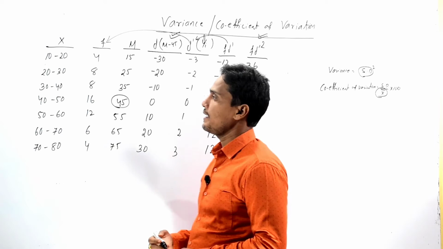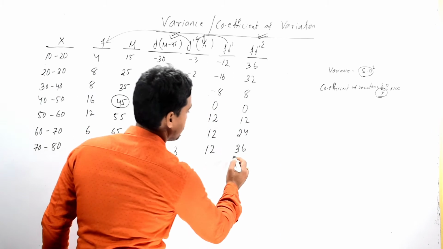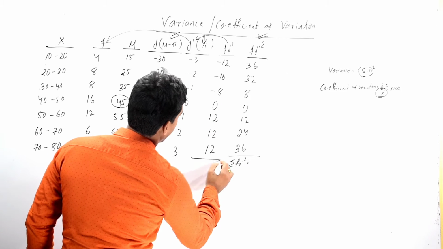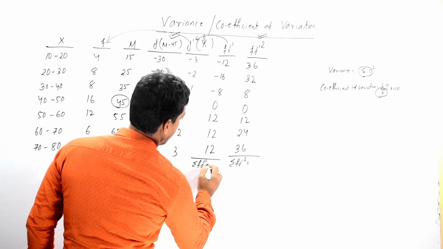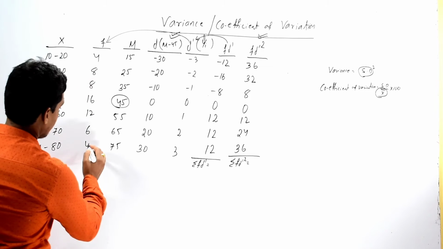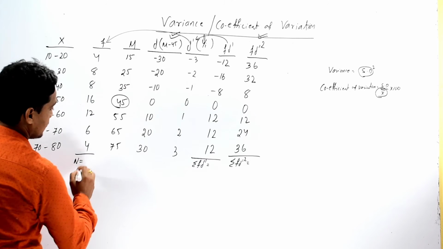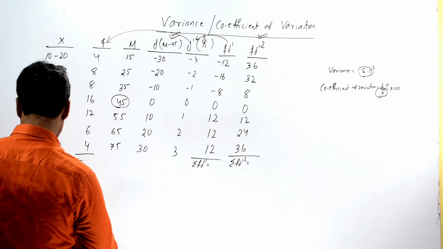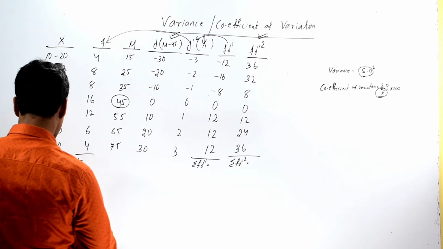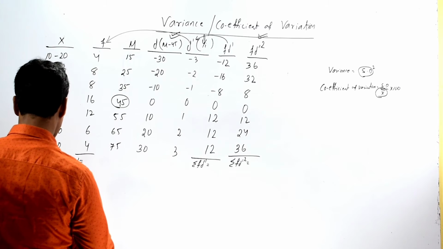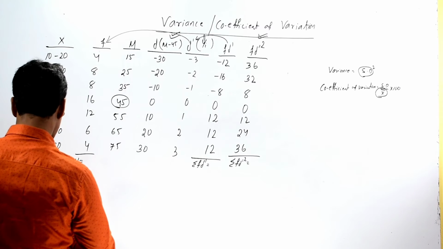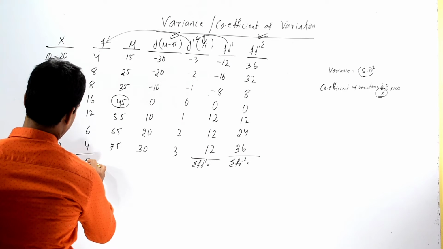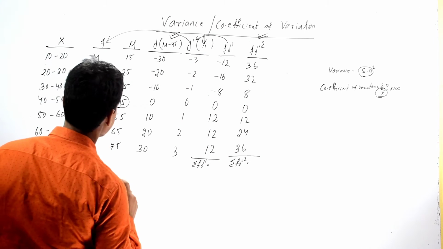Now find out the summation of f d dash square, summation of f d dash and summation of f, that is our N. So here N is 4 plus 8 plus 8 plus 16 plus 12 plus 6 plus 4 equals 58.